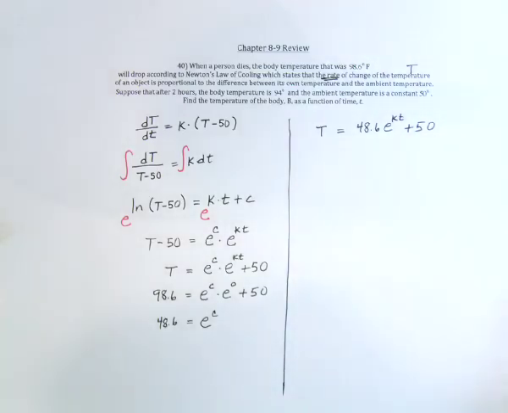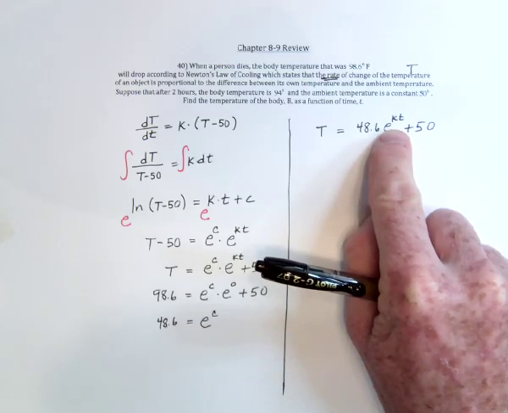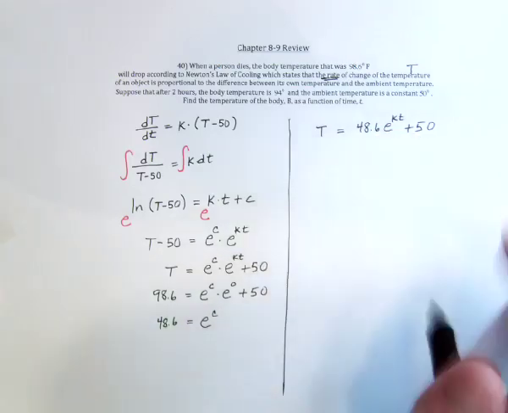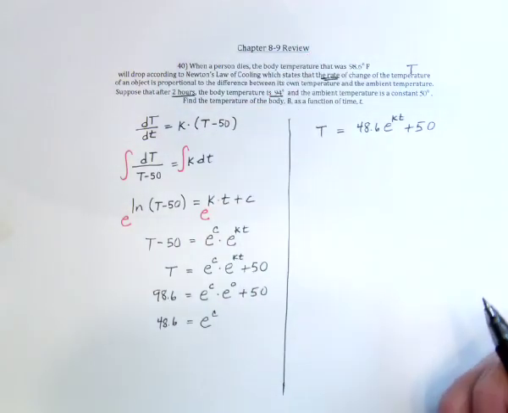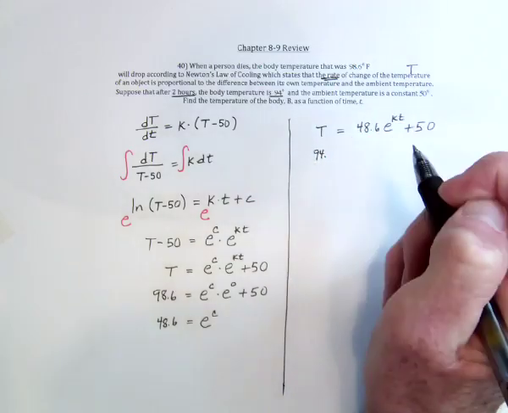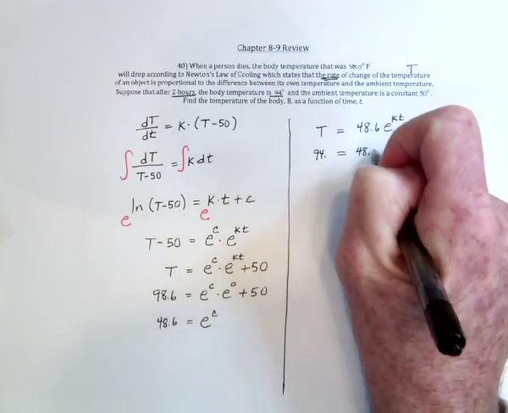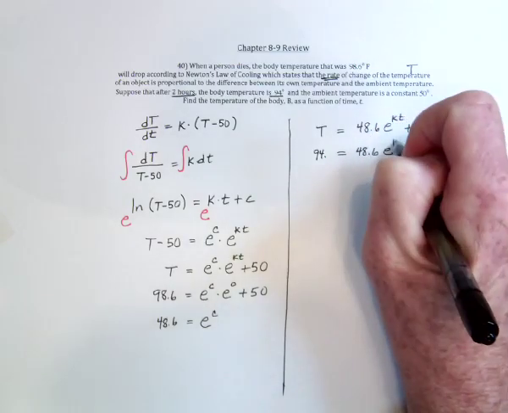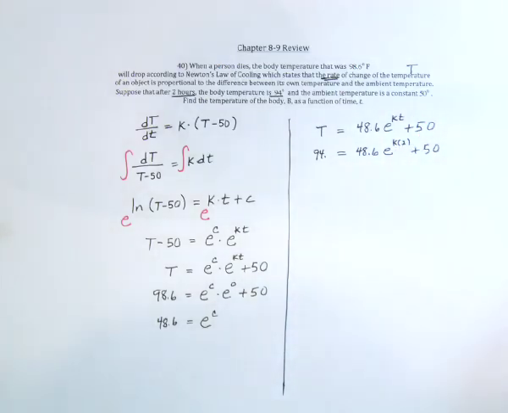And now there must be some other information in there so that we can find out what k equals. So k is basically the rate at which the temperature is dropping. That information isn't given directly, but there is this information that after 2 hours, it's 94 degrees. So put 94.0 on this side, and a 2 for the hours, and then solve for k.